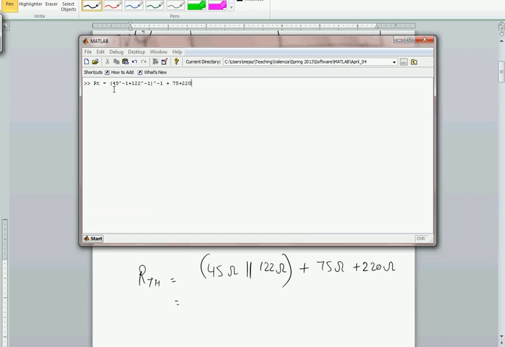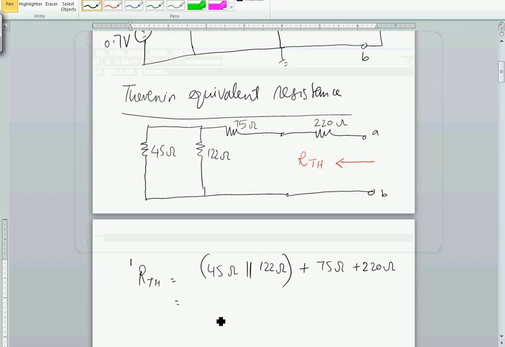This is nothing but 1 over 45 plus 1 over 122, and inverse of the whole thing. That will give you the parallel combination of 45 and 122 plus 75 and 220 in series. So my equivalent resistance will be 327.87. Go back here. 327.87 ohms. That is going to be my Thevenin equivalent resistance.